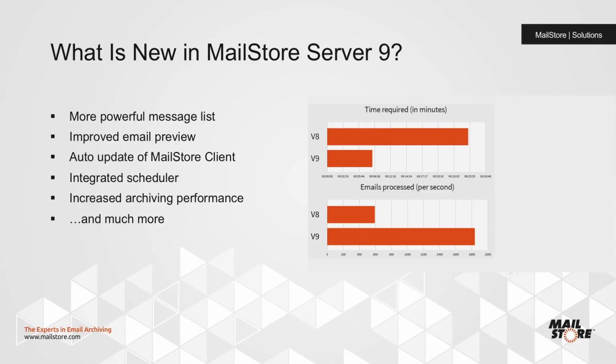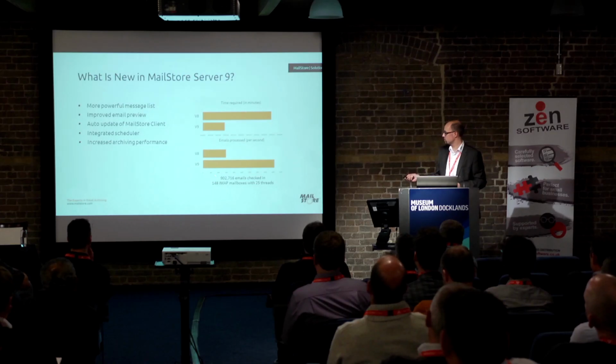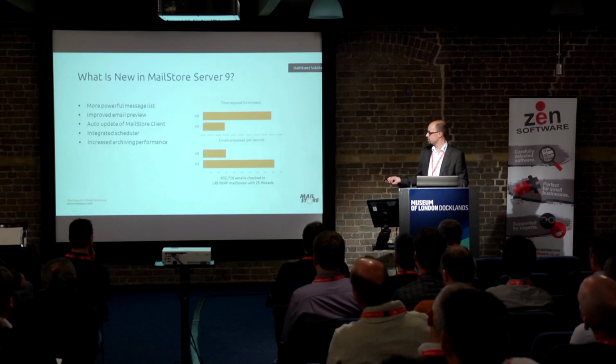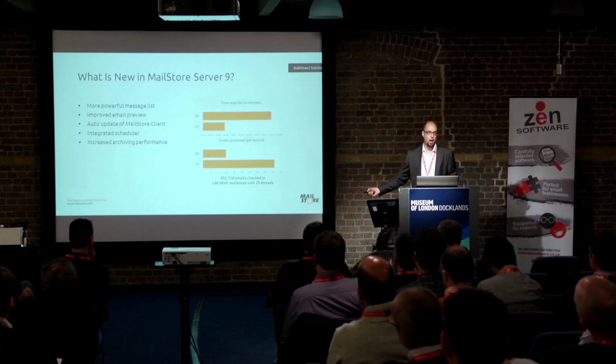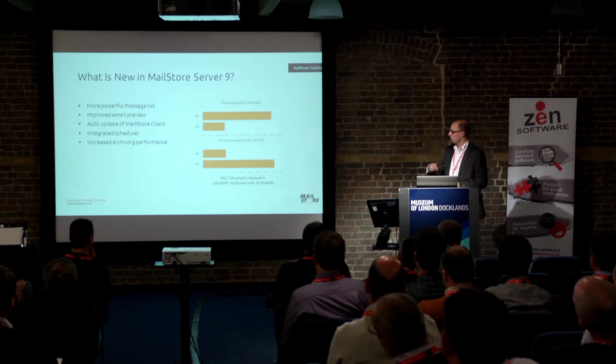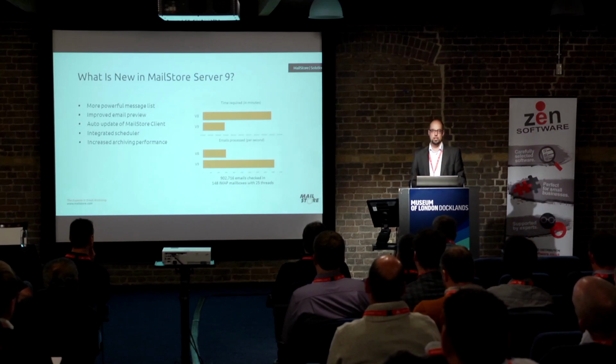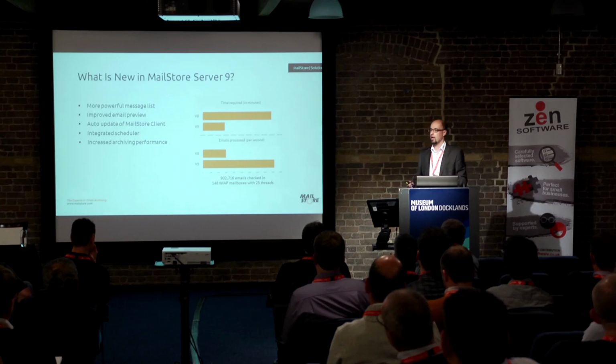And then one of the things I like most about MailStore Server 9 is the dramatic improvement of performance. So this shows that we had 900,000 messages stored in 148 IMAP mailboxes. And MailStore has to go through all those email messages again and figure out, do I know this message already or do I have to archive that message?